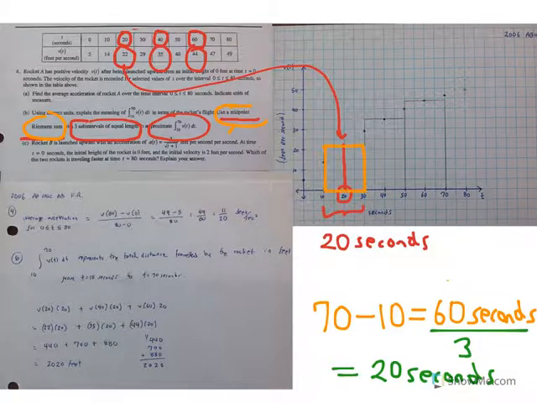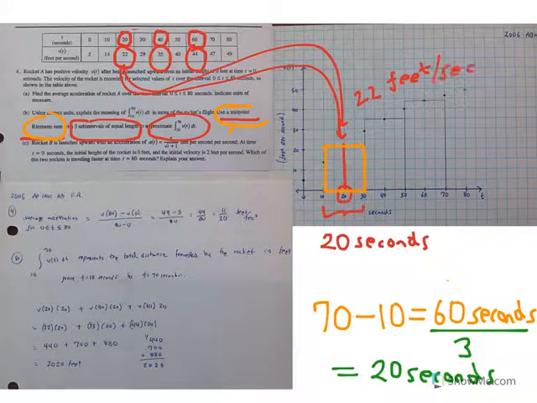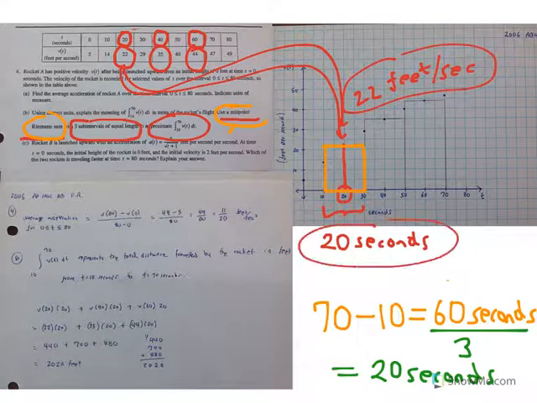The height of this rectangle is, from the table, 22 feet per second. And look at this: when you multiply 22 feet per second by 20 seconds, seconds and seconds will cancel, leaving you with feet.